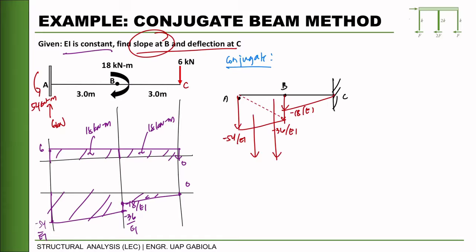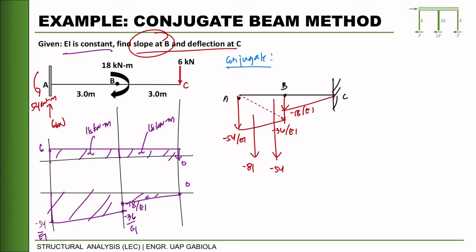So first ECL would be the area of the triangle. So 1/2 negative 54 times 3, that is negative 81. And then the area of the other triangle, the smaller one, 0.5 negative 36 times 3, that is negative 54.